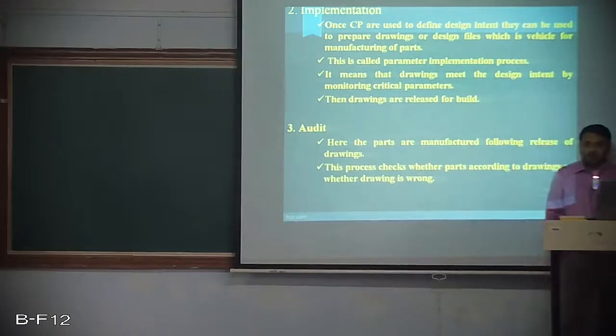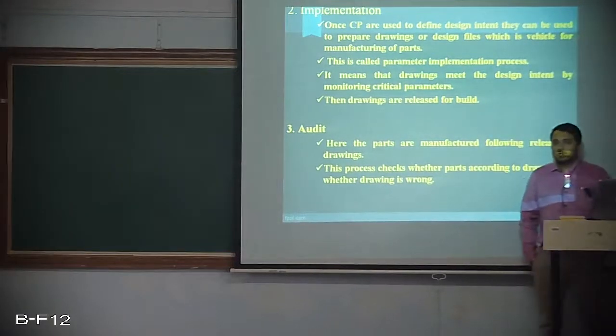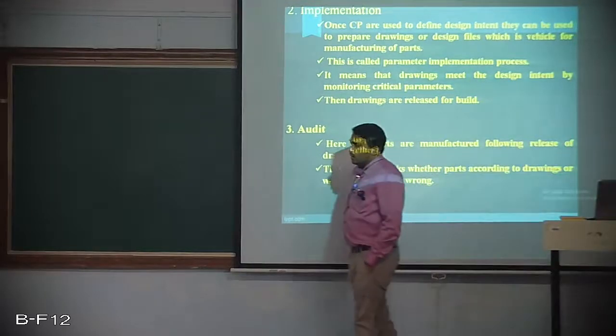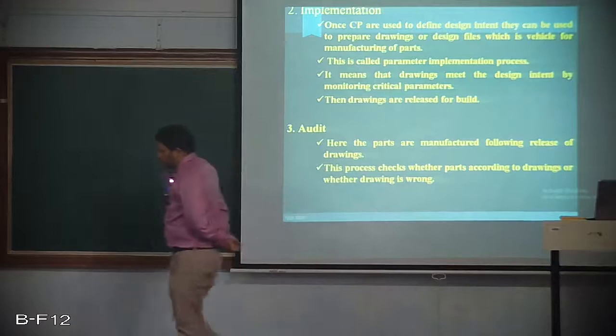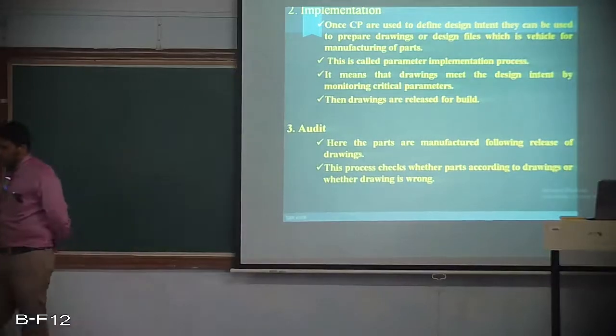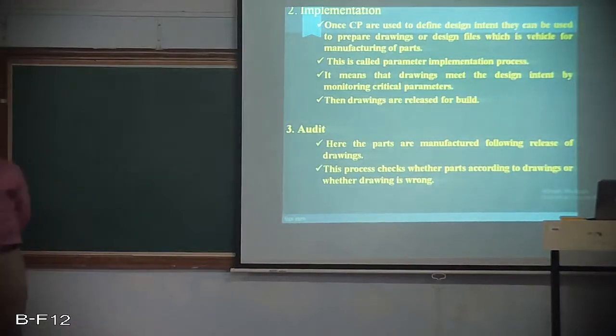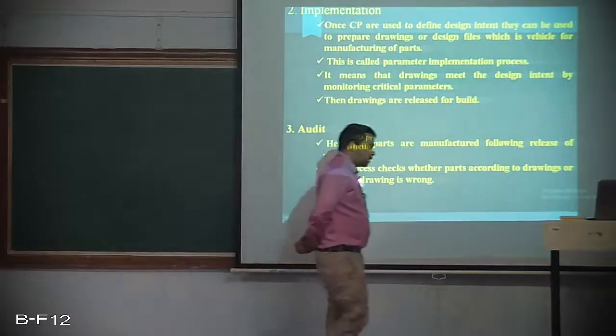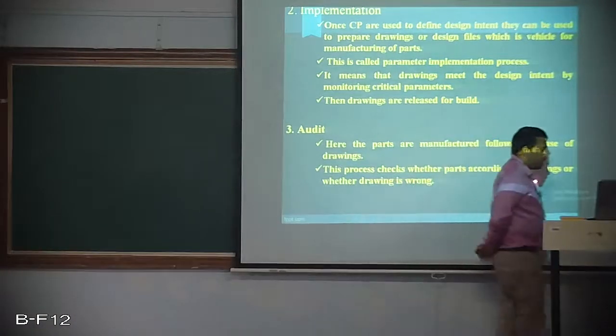After manufacturing, the critical parameters are checked against the dimensions. Then we see whether the manufacturing process has to be changed to meet the requirements of the drawings, or whether the drawing has to be changed to meet the requirements of the manufacturing process.